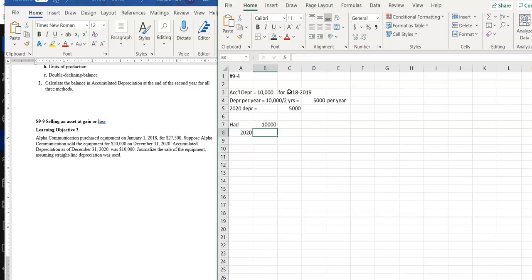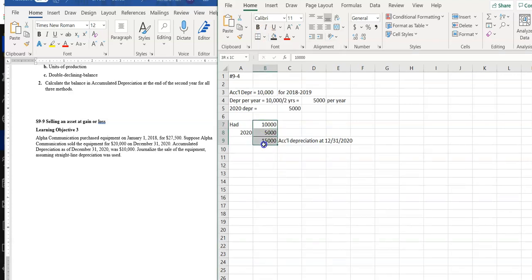Then you add in 2020 for 5. So 15,000 is your accumulated depreciation at 12/31/2020. I'm assuming that's what that means, so that's why I'm doing all that.